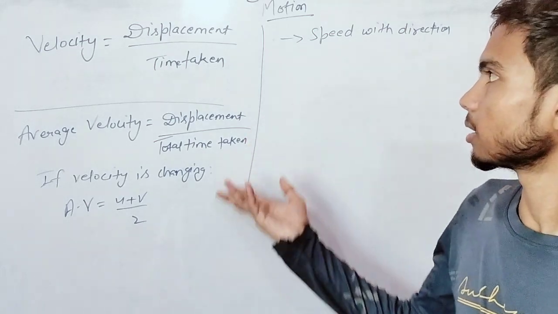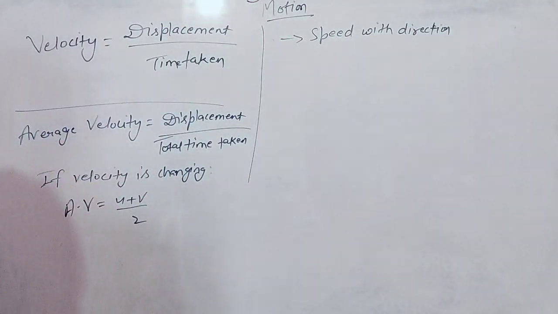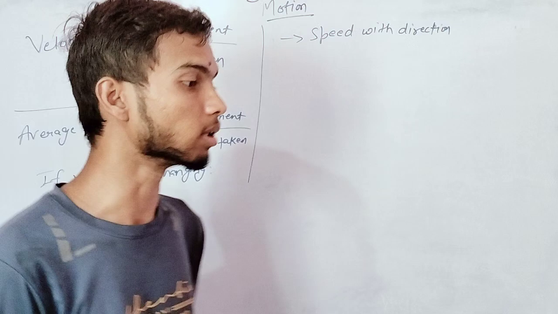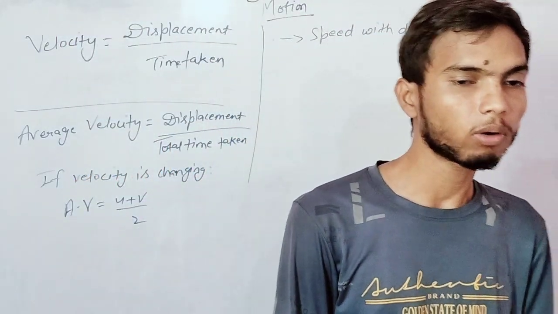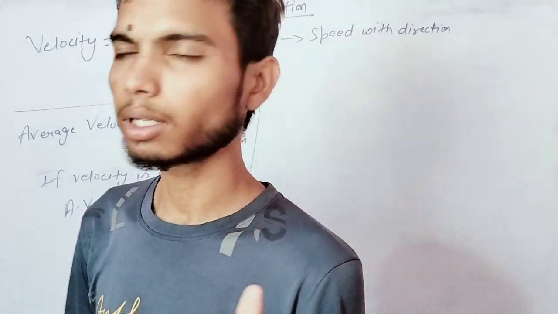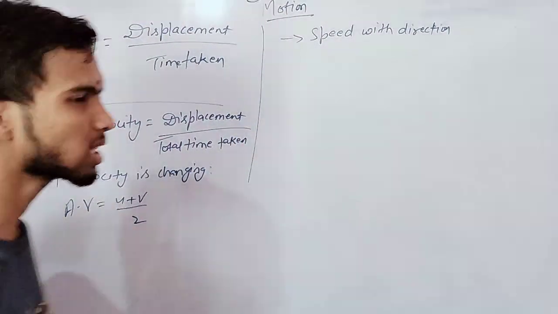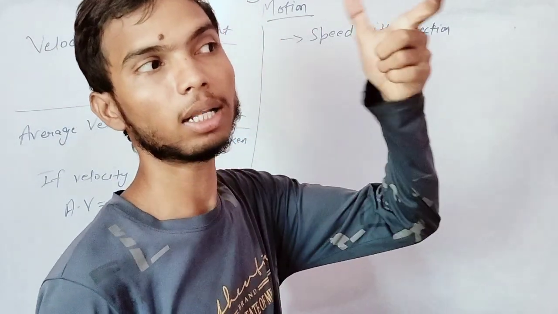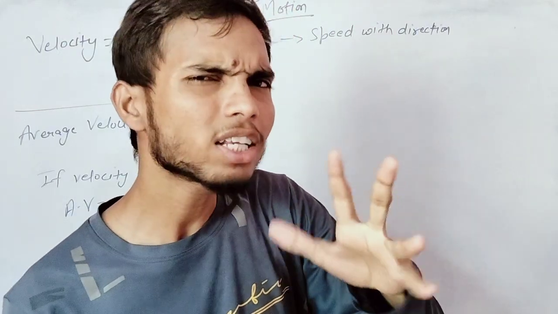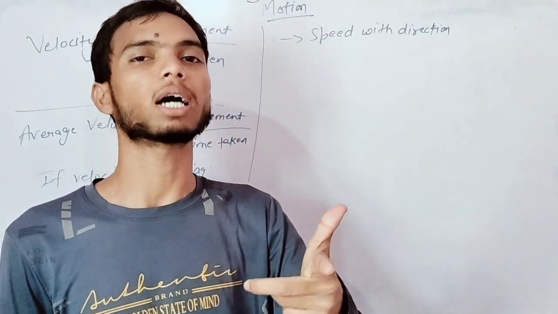So are you clear that the meaning of velocity is just a speed with a direction? It will cover a speed, but it will take a turn. But in the discussion of average speed, the speed was not with a direction.